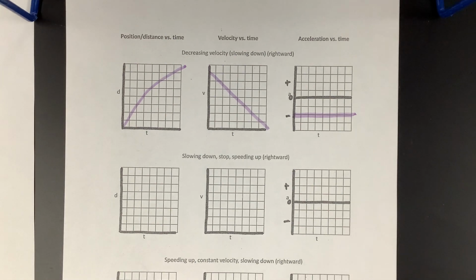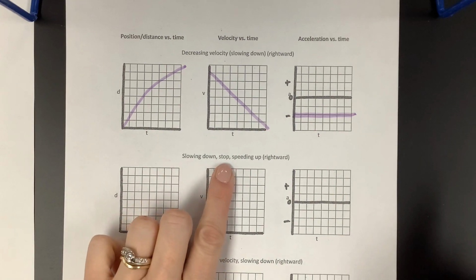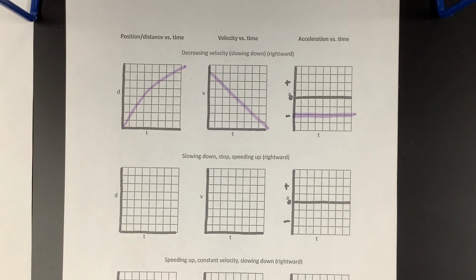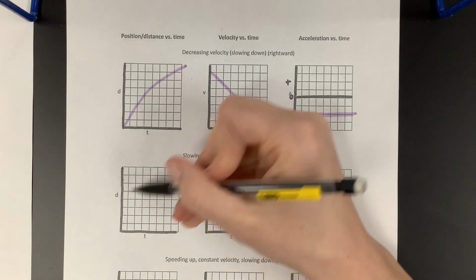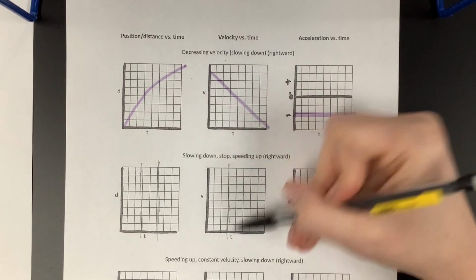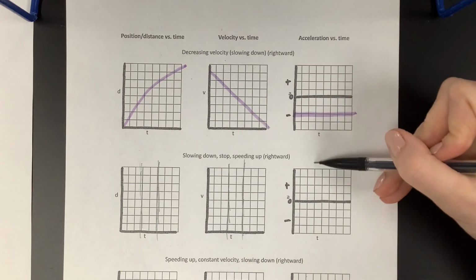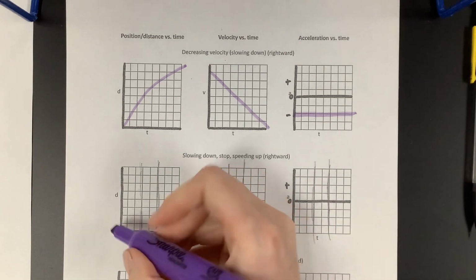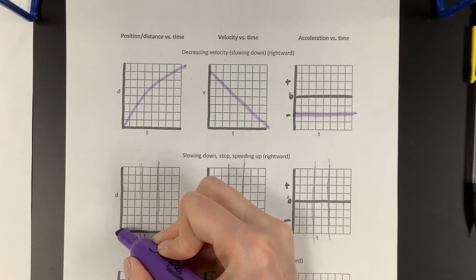Okay, and here now we've got 3 different parts: slowing down, stopping, speeding up. So I'm gonna split my graph into 3 parts here, showing those 3 different sections of movement. So first, if we're slowing down, we know that the slope is gonna be decreasing.